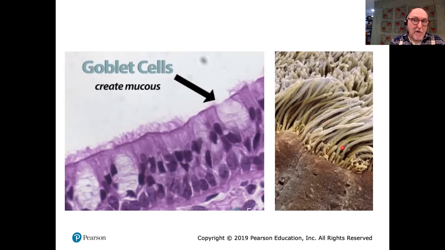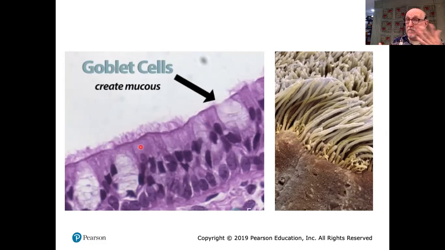The people who smoke, this is one of the first things that is hit by and damaged by smoking. First of all, it affects the coordination of beating. The beating of the cilia tends to become chaotic, but in the long-term smokers, the ciliated cells are actually shed and are lost.